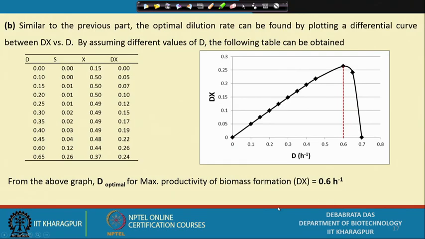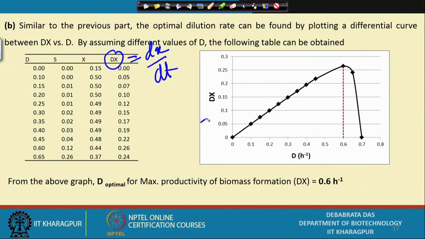Now in case of cell mass formation, we have done this before also. Here also we can find out at different dilution rates what the S value and X value are, which we have already calculated, and if you know the X value, you can multiply by D and X, that is equal to dX by dt. Am I right?